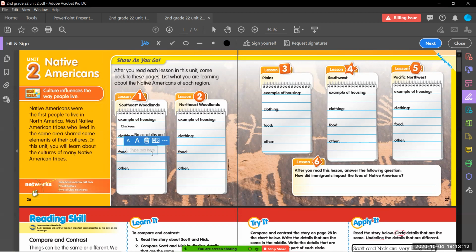Okay, their food we know was deer, fish, corn, and squash.